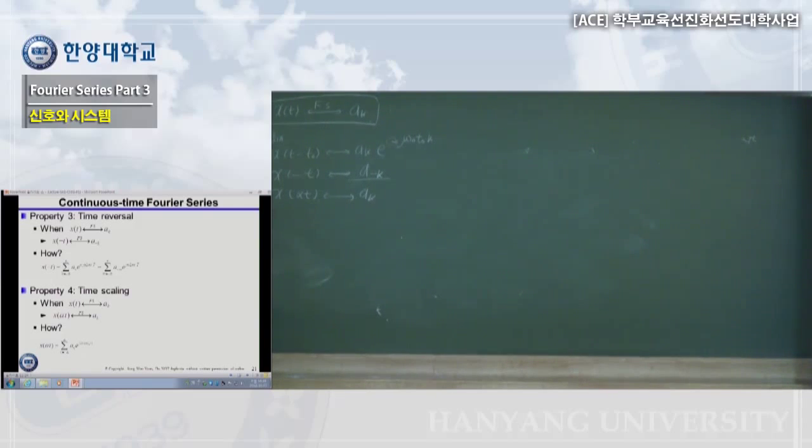For detail, if you solve each by each, we have to consume a lot of time, so let's skip this for a minute. So in time-related properties, we started with linearity and time shifting, which has minus j omega 0 t0. In reversal, they have minus k. In scaling, surprisingly, they are still ak.